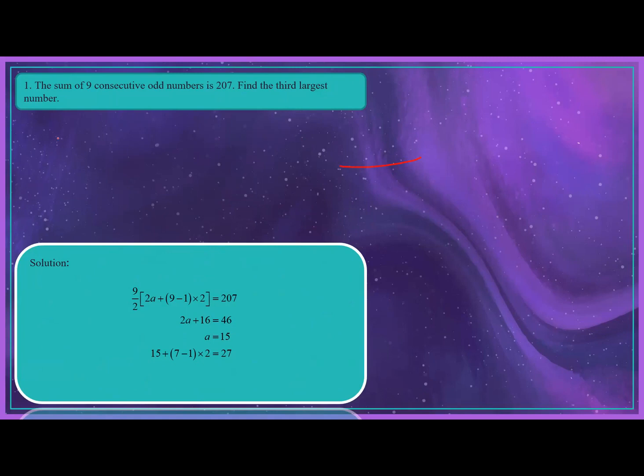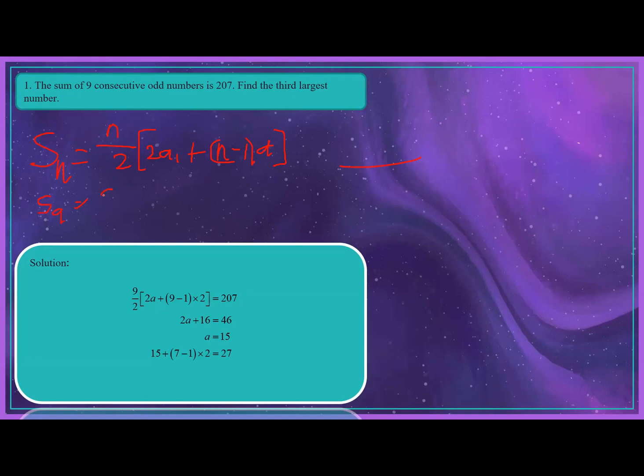Okay, so as we know, the sum of an arithmetic series would be S sub n equals n over 2 times 2 a sub 1 plus n minus 1 times d. Okay, here we have n to be 9 since there are 9 consecutive odd numbers.